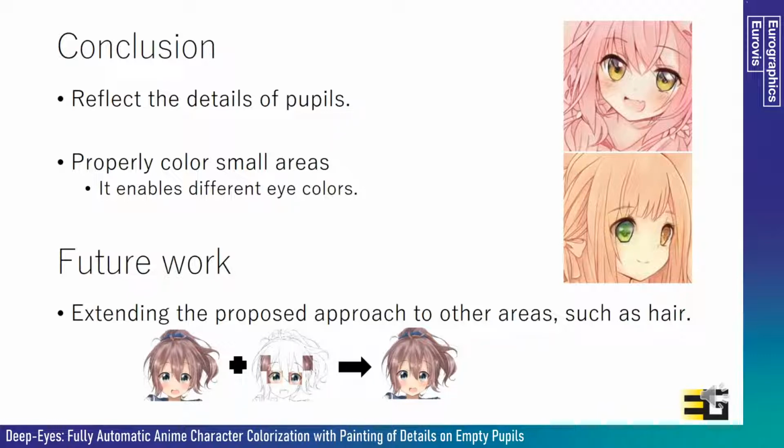Eyes can be colored with different colors, and details can be painted on empty pupils. These tasks are not possible using most existing methods. We would like to extend the proposed approach to other areas such as hair in future work.